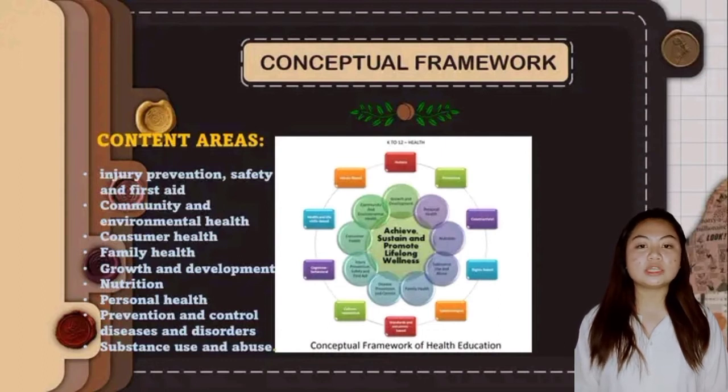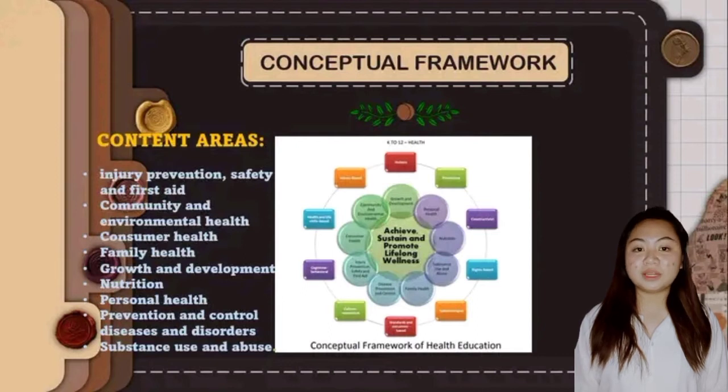Third one is consumer health. Ang focus dito ay kung paano ba tayo magiging matalinong mamimili. Since we are talking about health, dapat hindi ka lang bibili ng pagkain. Dapat tignan mo rin kung meron kang makukuhang benefits sa pagkain na binili mo for the sake of your health.